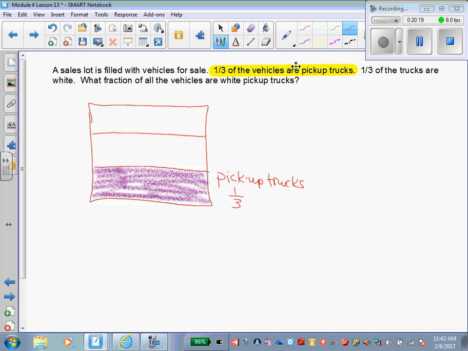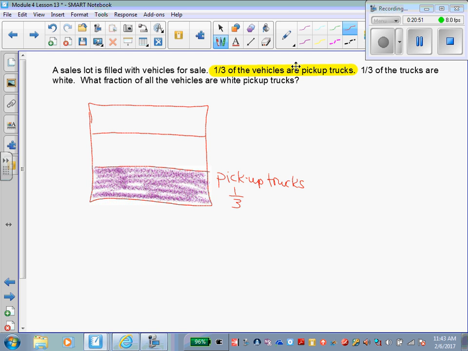All right, now it says 1/3 of the trucks are white. What am I going to do now to figure out how many white trucks there are? Caden. Okay, well, I want to show 1/3 of the pickup trucks.